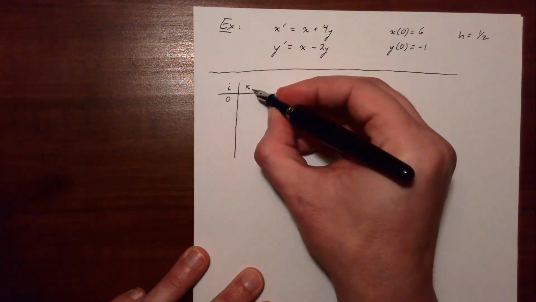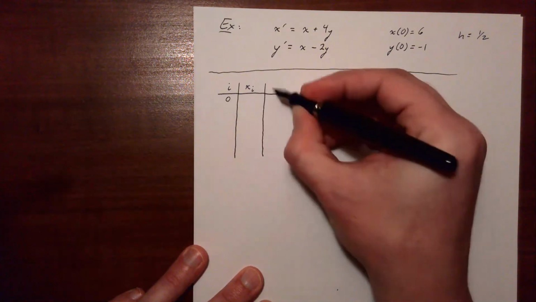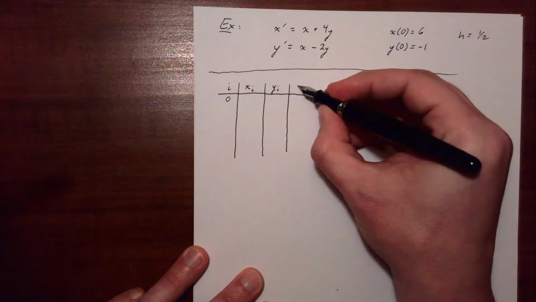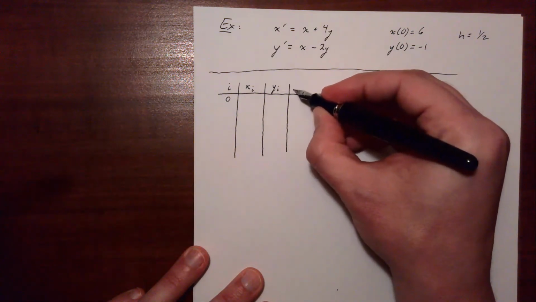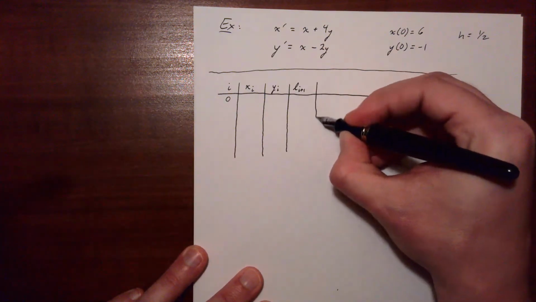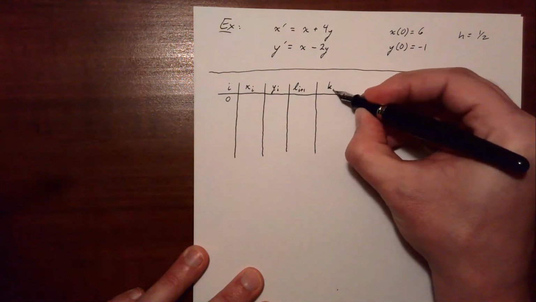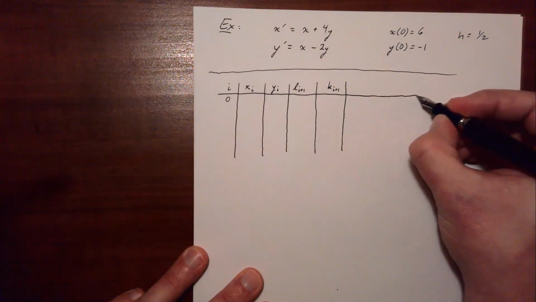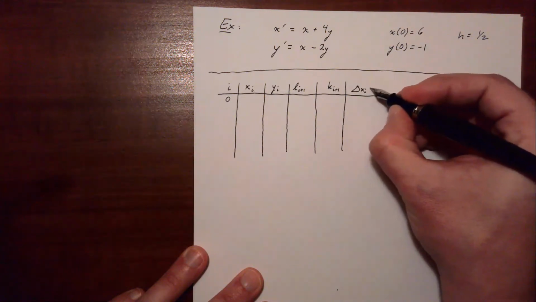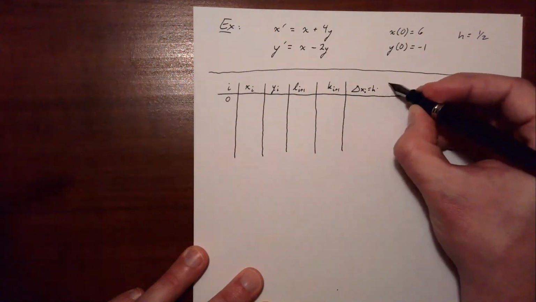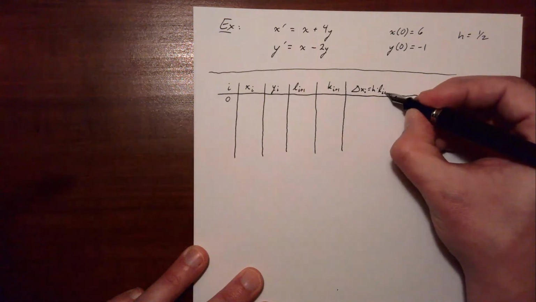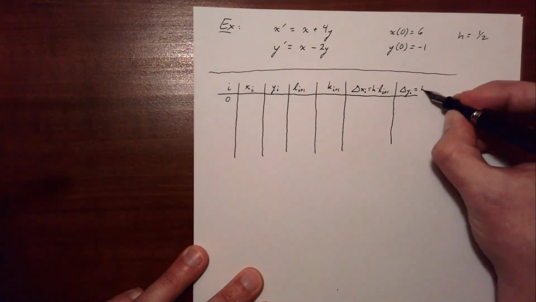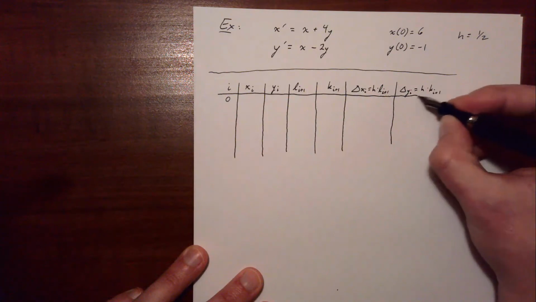We're going to have the x_i, the y_i, the l_{i+1}, and the k_{i+1}. Then we'll have the change in x_i, which is h times l_{i+1}, and the change in y_i, which is h times k_{i+1}.